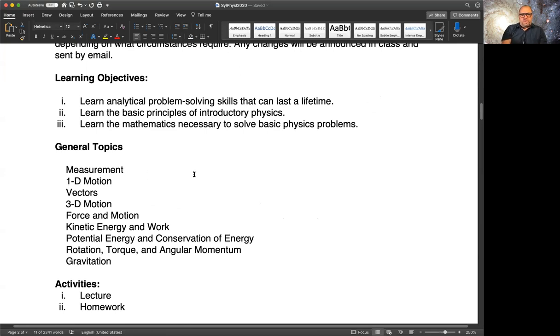So we are going to be studying measurement, 1D motion, vectors, 3D motion, force and motion, kinetic energy and work, and we're going to do this in the context of biology. So probably not so much gravitation, but we'll see how far we get. But we are going to use these things in the context of biology, and that's something I'm really excited about.